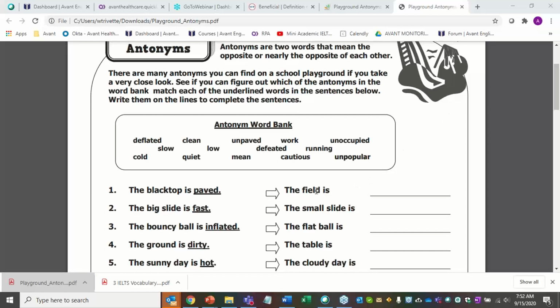Let's go on to number 2 here. The big slide is fast. All right, so the opposite, the small slide is, who has that? What is the opposite of fast?